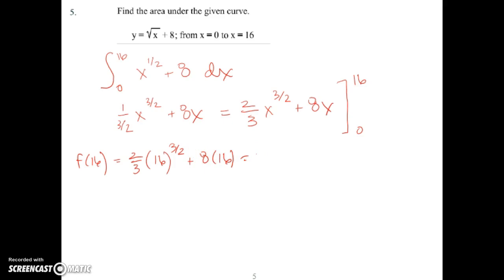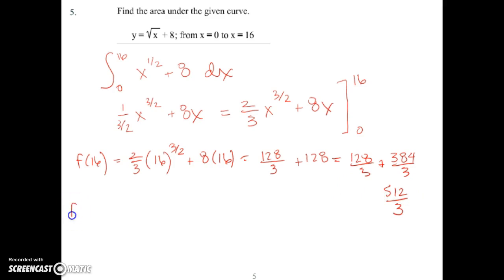That's going to be 128 over 3 plus 128, which is 128 over 3 plus 384 over 3. If we add those together, we end up with 512 over 3. So that's F of 16.